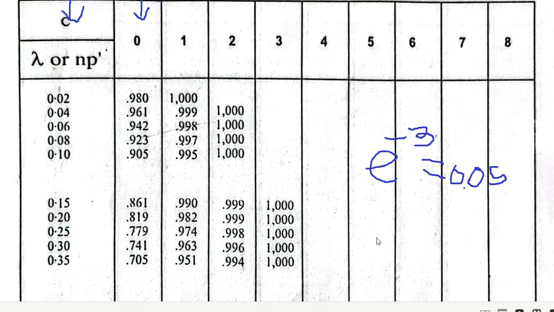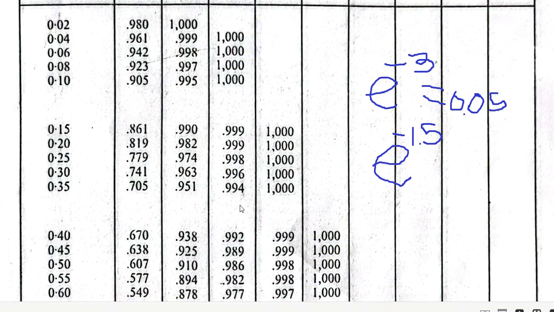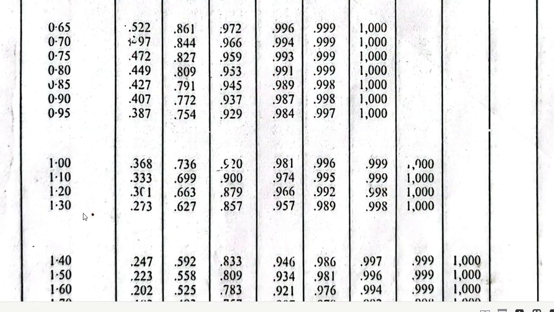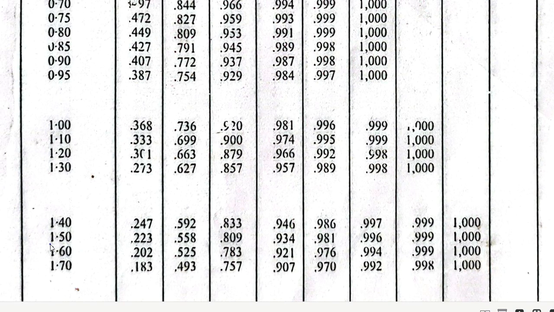Okay. Suppose that you require the value of e raised to minus 1.5. How will I get it? I will observe the first column and find 1.5 in this column. Here it is. And this number is 0.223, written against 1.5.